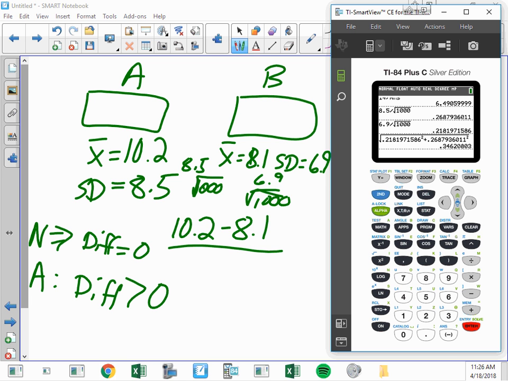So I get 0.346. What do I do with 0.346?